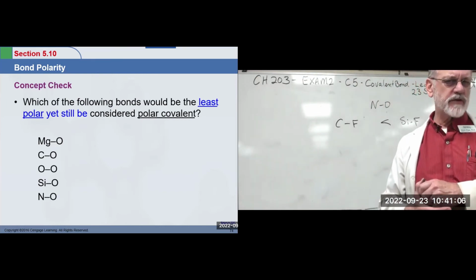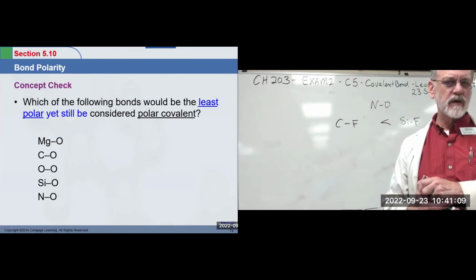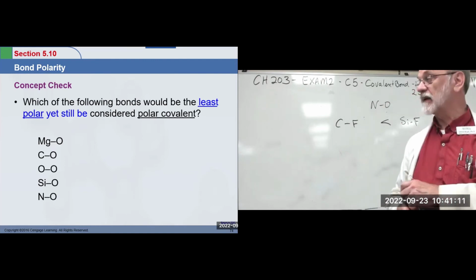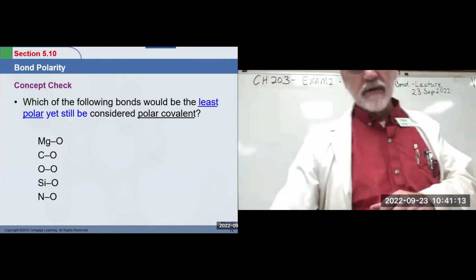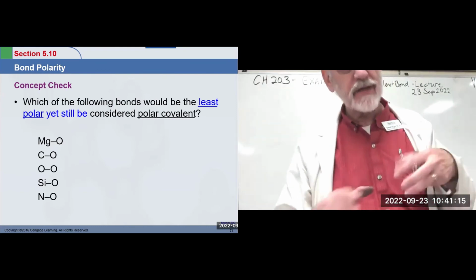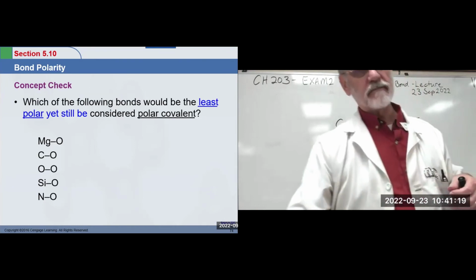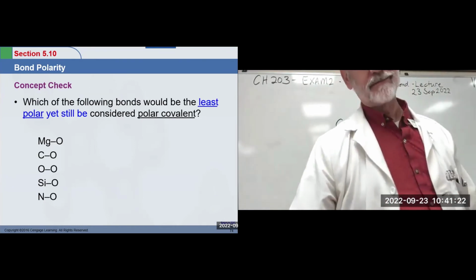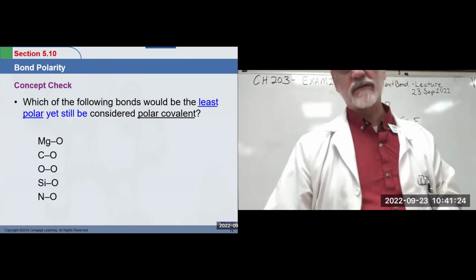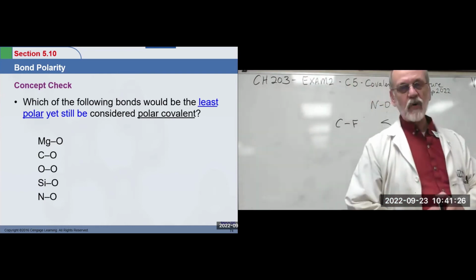So to answer this question, which one will be the least polar, yet still polar covalent? If you're not actually given the values so you can use that chart, then we just have to use process of elimination. Polar covalent.